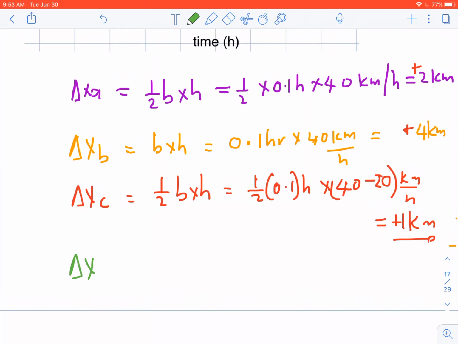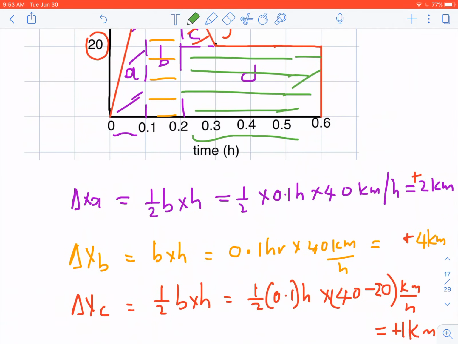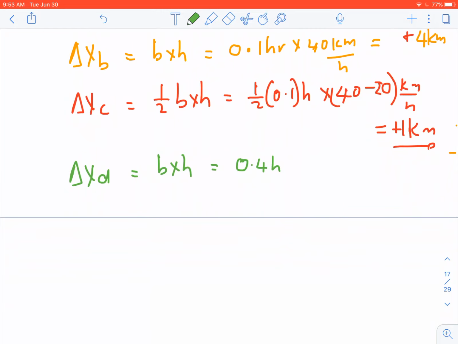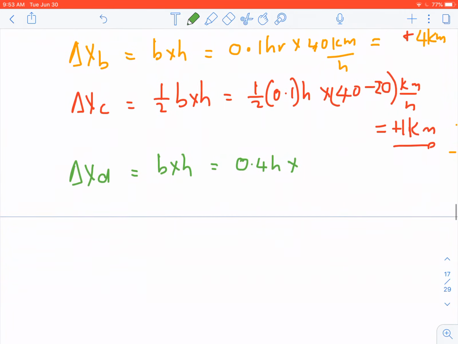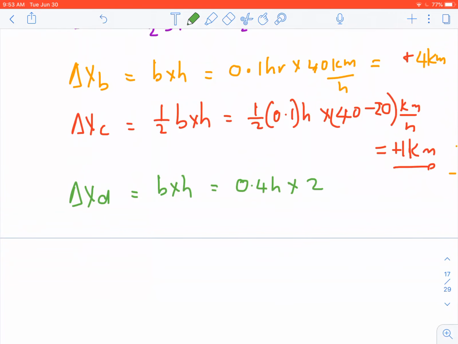Change in x of D is equal to base times height, which is 0.4 hours, because that would be 0.6 minus 0.2, and times the velocity, which is 20 kilometers an hour, and that gives us 8 kilometers.